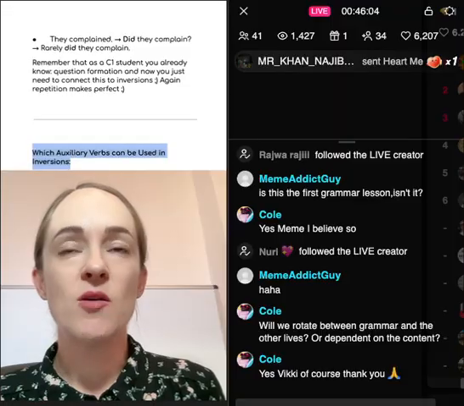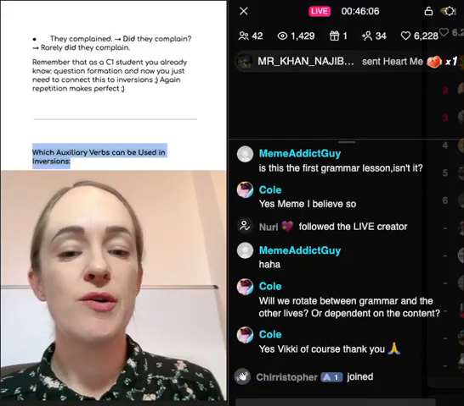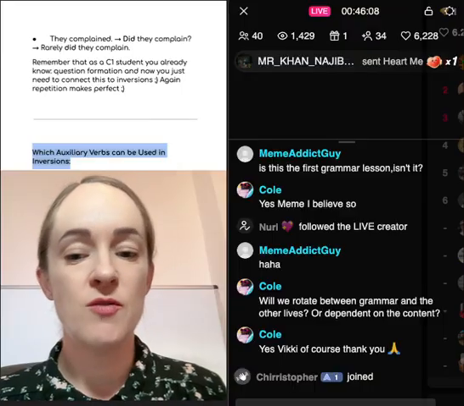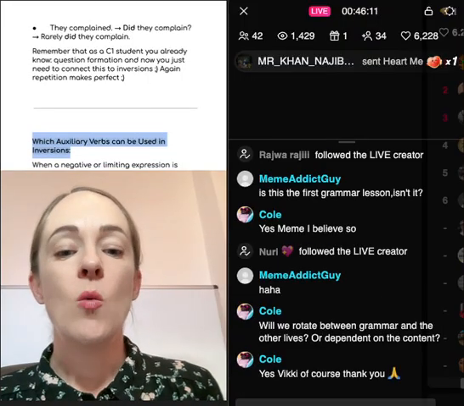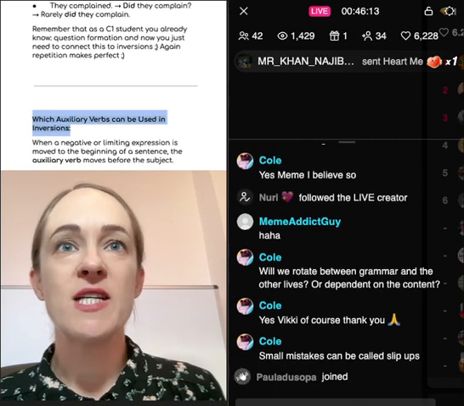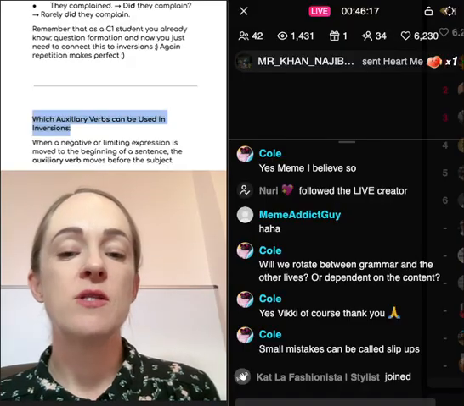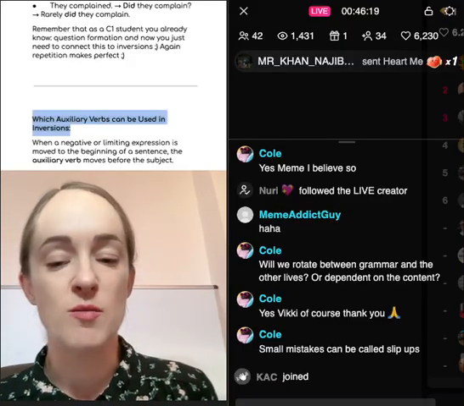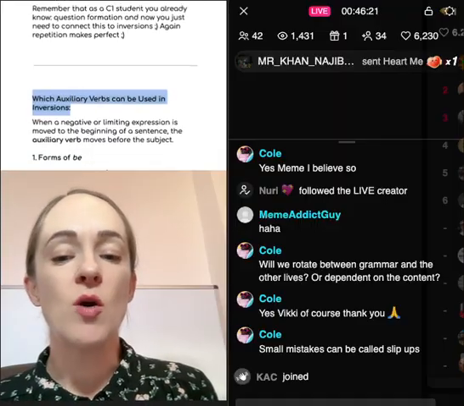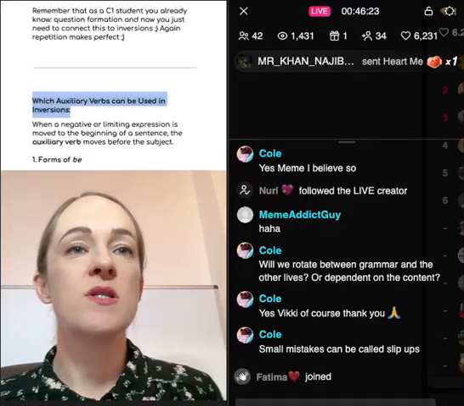So the next point I want to cover is which auxiliary verbs can be used with inversions. When a negative or limiting expression is moved to the beginning of a sentence, the auxiliary verb moves before the subject. So number one, obviously we can use forms of be.